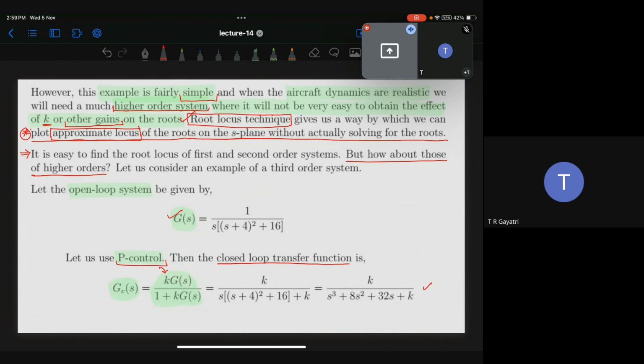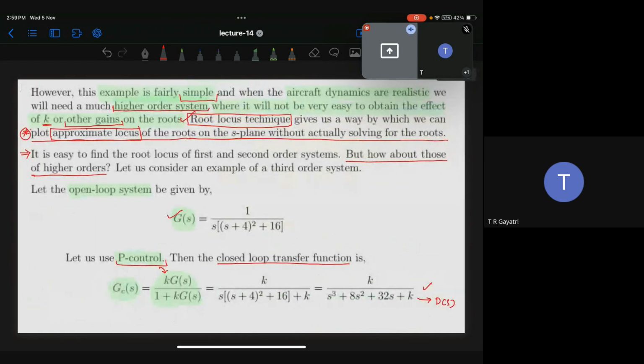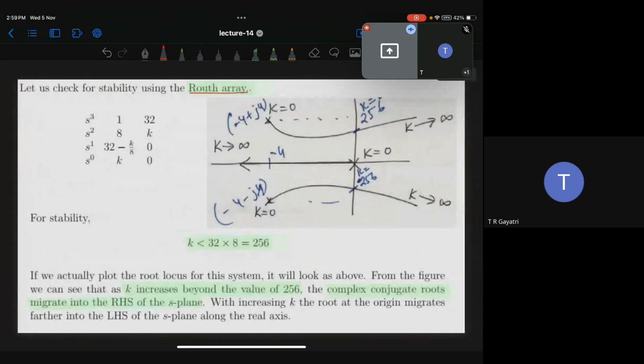So now you got this D(s). Let us consider that D(s) and take the Routh array. You'll have s cube, s square, s power 1, s power 0: 1, 8, 32, 32k.